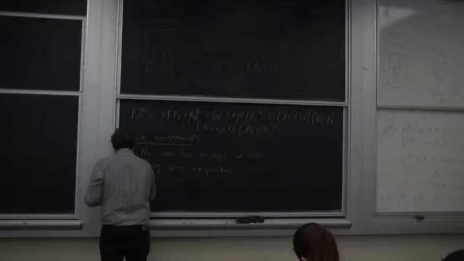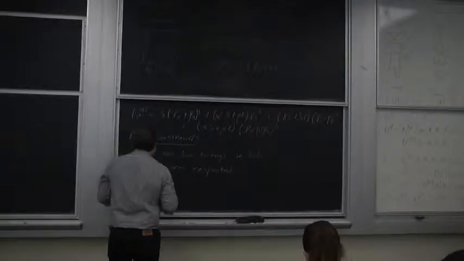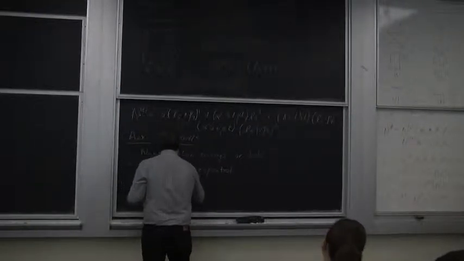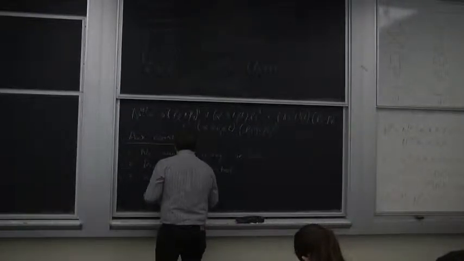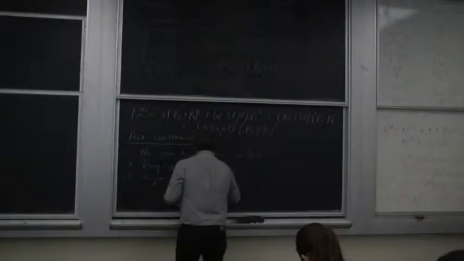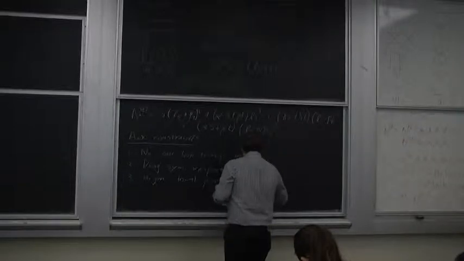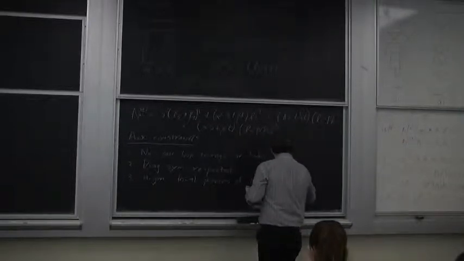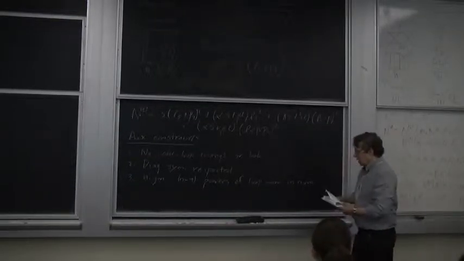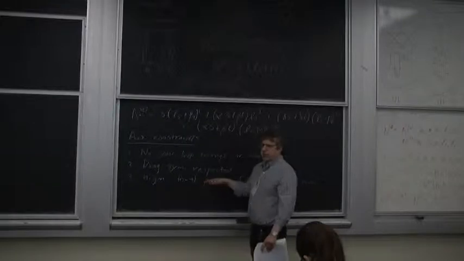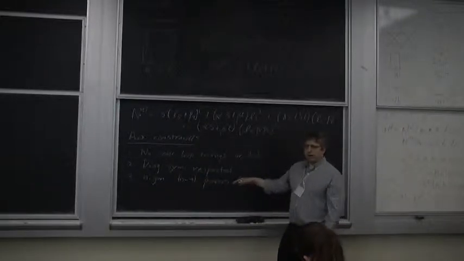And then the third one is an extra constraint. If we have an n-gon, then we want n minus 4 powers of loop momentum in the numerator. Now, this one maybe is not completely obvious, but this is done by experience from lower loops.